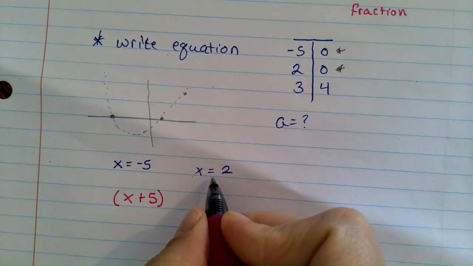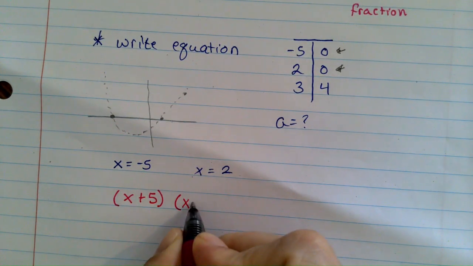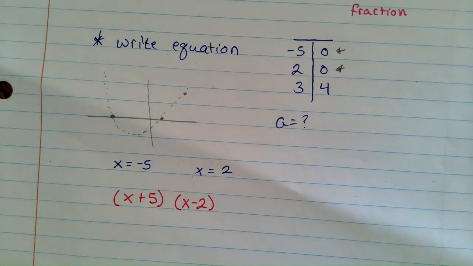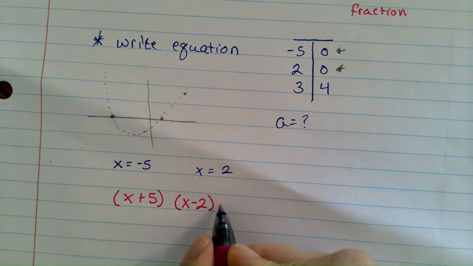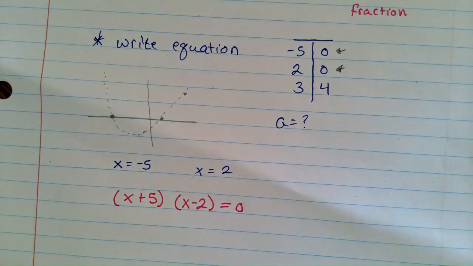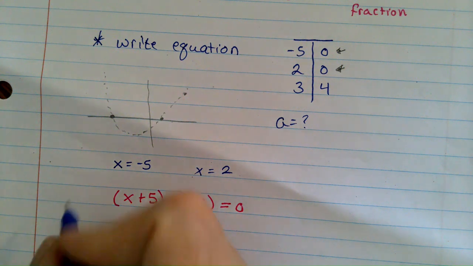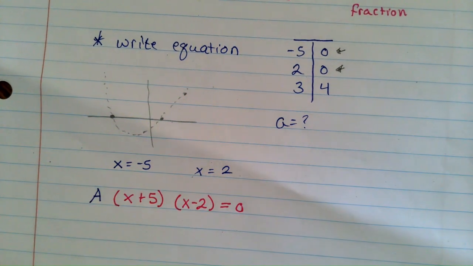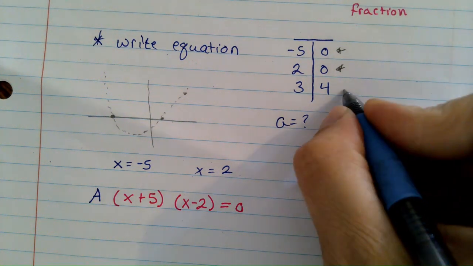If x equals 2 is an answer, then x minus 2 has to be a quantity because they both made the problem equal 0. And there could have been some kind of a value up front. How are we going to test for the a value? That's where that third point comes in.